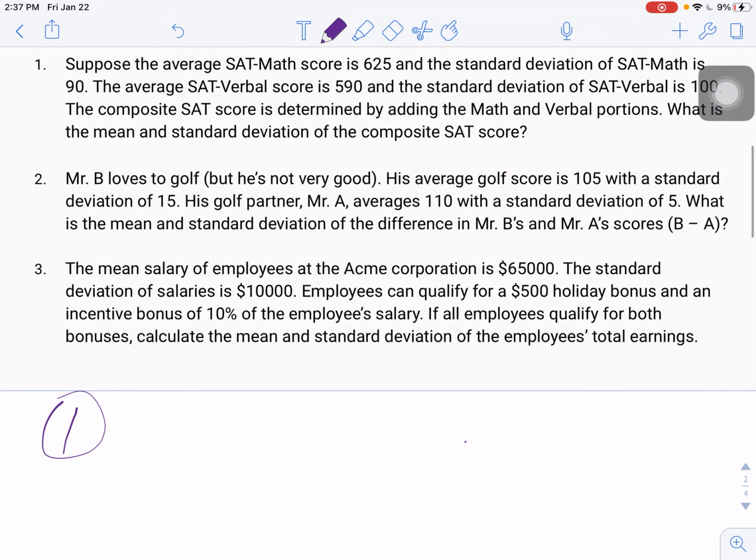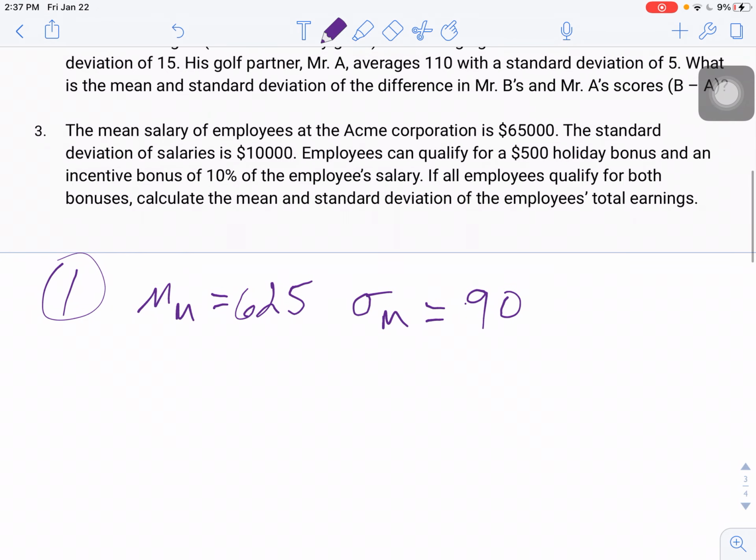All right, so what I'm going to start by doing is notating the numbers I have. The mean of the math section is 625, and the standard deviation of the math is 90. We also have the mean of the verbal and standard deviation of the verbal.